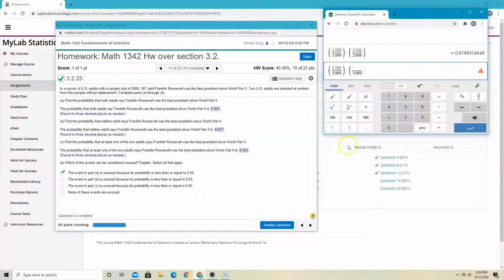And in the numerator, if you put the person back in, then there would be 1,702 again. We would multiply those together.